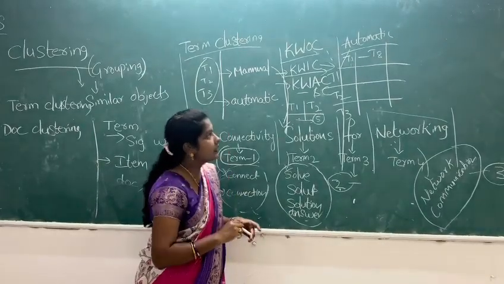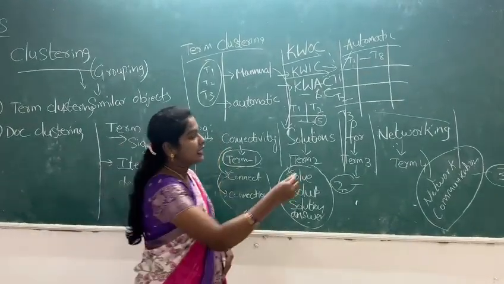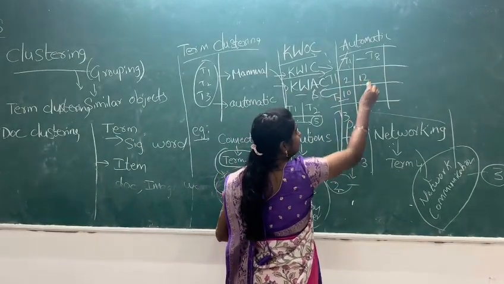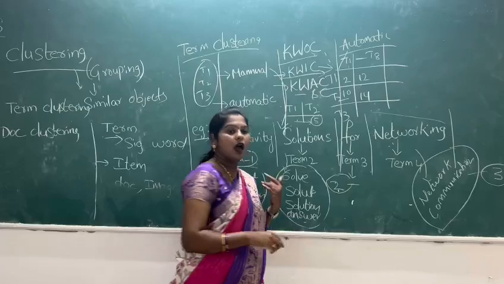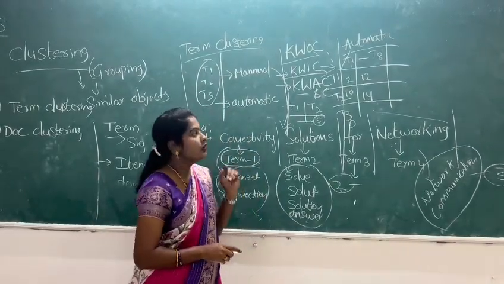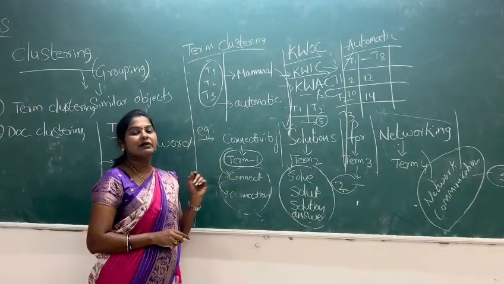In the vector model we will be getting some values like 2, 10, 12, 14. How are we getting those values? For that we have to follow one formula, similarity.